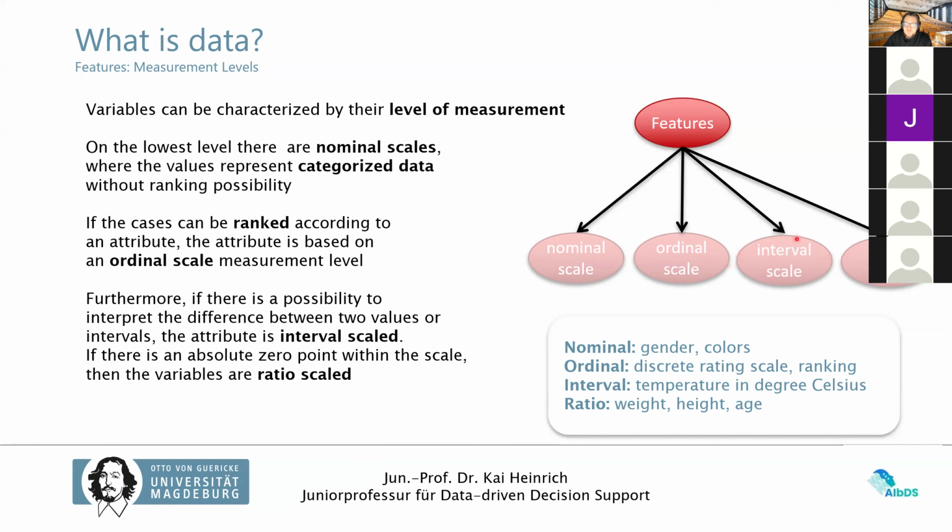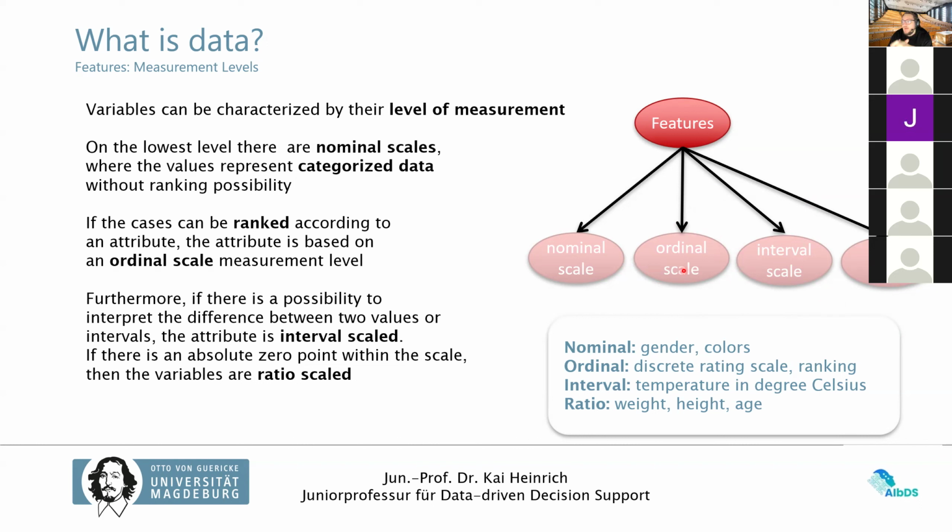Here we can do a lot of things. These are numerical scales. We can interpret the difference. We can have an average. If I have the time, I can build an average. With ordinal scale, I cannot do an average, right? The only thing I can do with ordinal scale is a kind of average, but I cannot do an arithmetic mean.